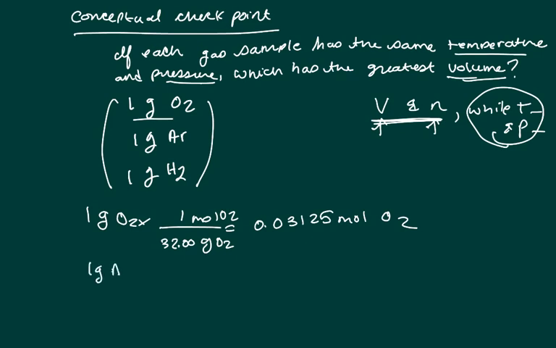We have 1 gram of argon, and argon is 39.95 grams per 1 mole. So you can see this is even going to be a smaller number because it's 1 over 39. So 1 over 39.95 to be exact.